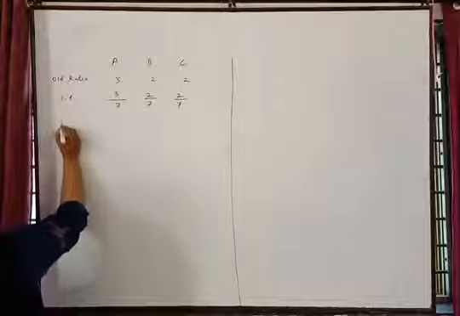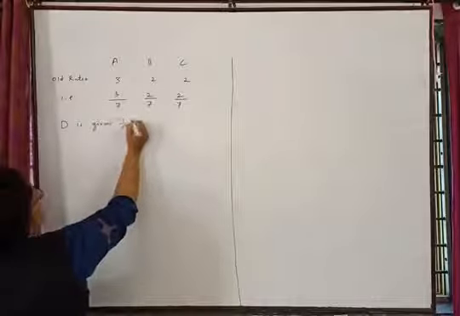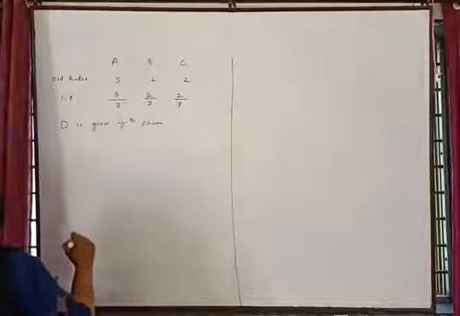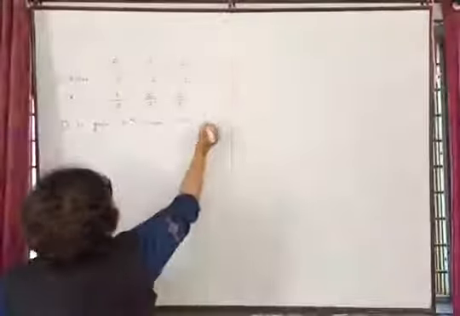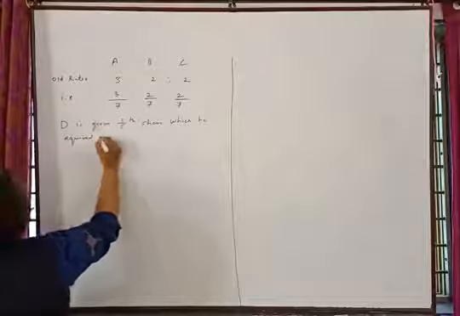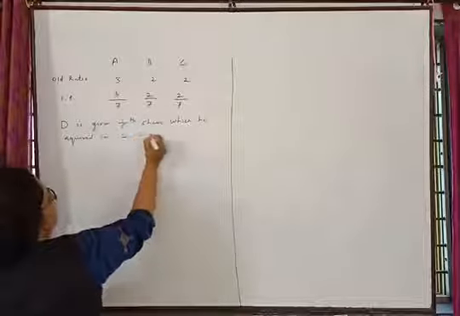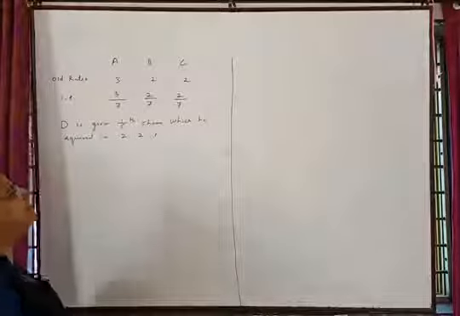D is the new partner who is given a 1/5 share, which he acquired in the ratio of 2:2:1 from A, B and C. Okay, so we will solve this example now.